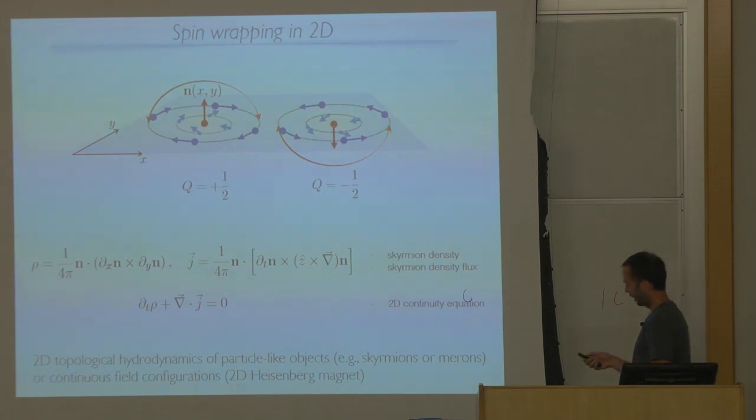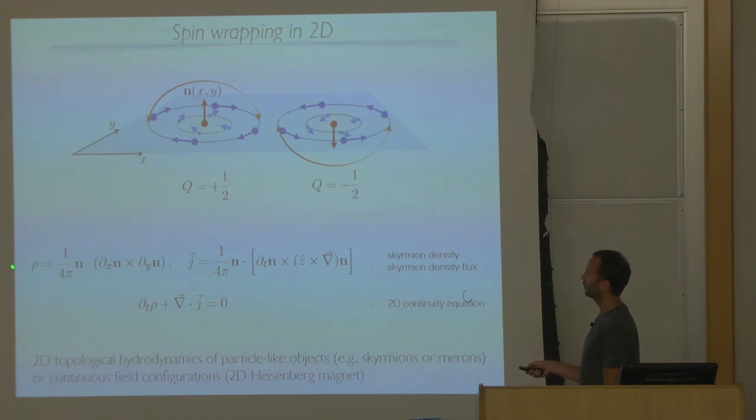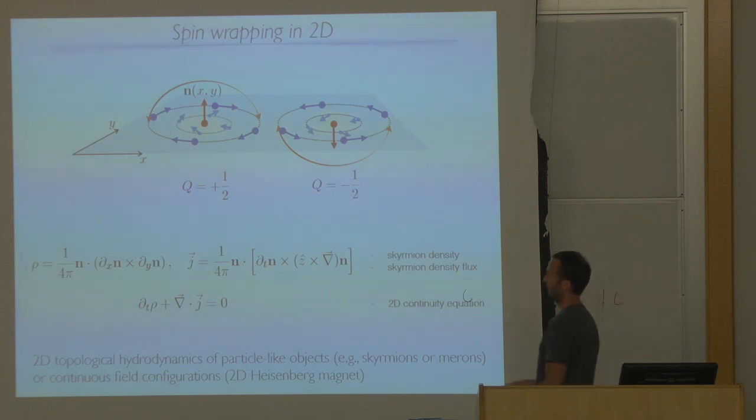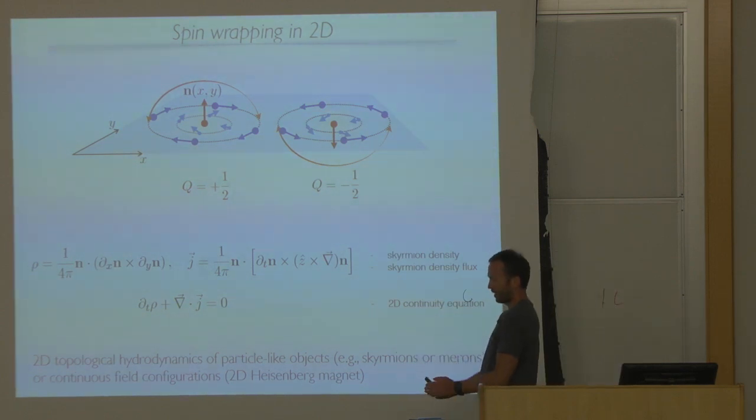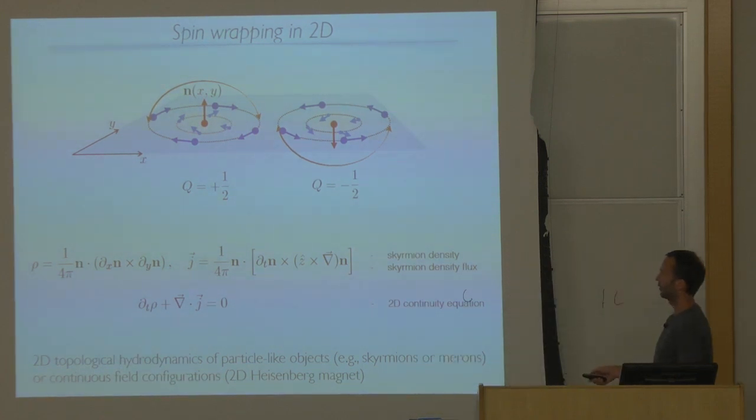The second example, again, stepping through the same logic, this skyrmion density can be written like this. So it exactly counts basically the solid angle subtended by a patch of magnetic texture. Well, that's the solid angle per little area.